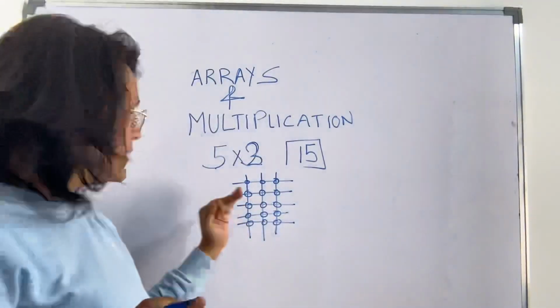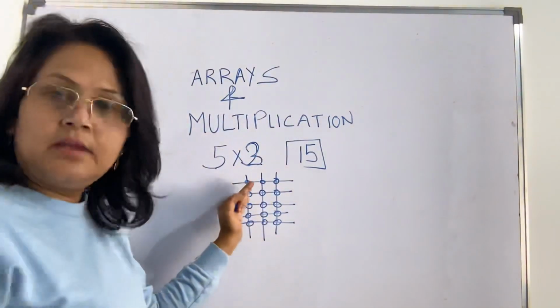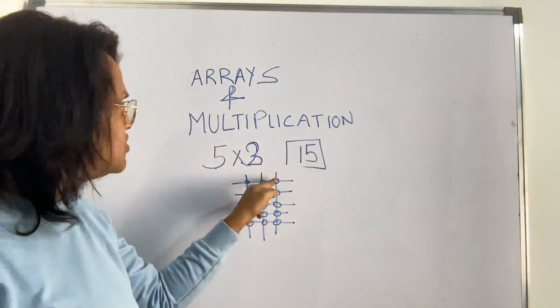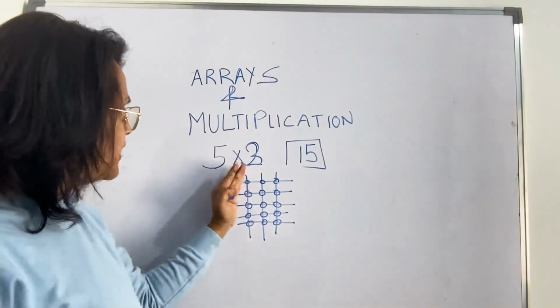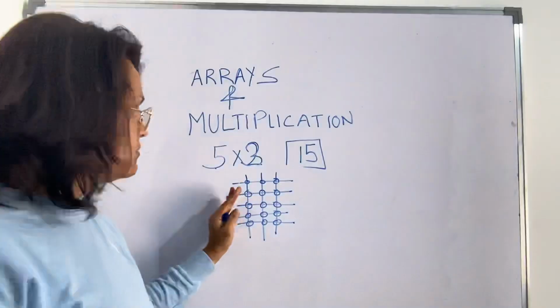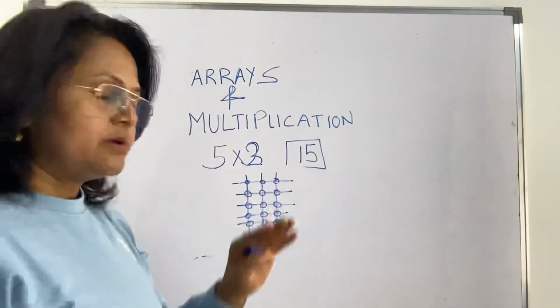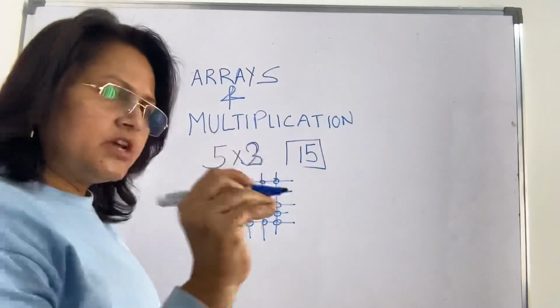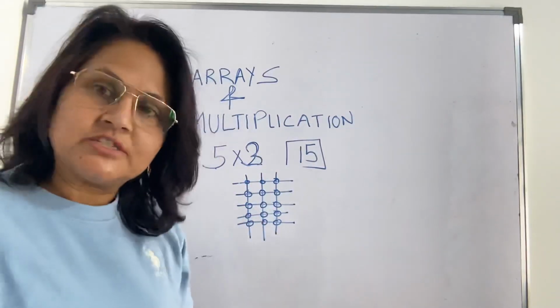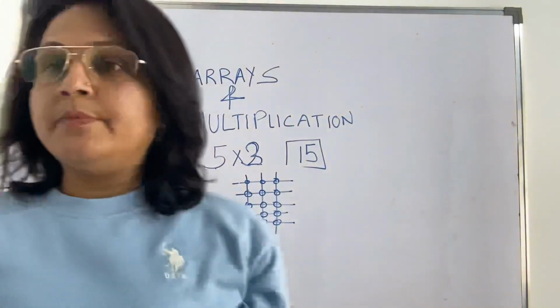But I feel this is a little long way of solving. Why not help the child understand how to move ahead with this concept? So this becomes very, very easy for the child to understand, and going forward it will become very easy for the child to make their own dots and go ahead with that concept. So hope the child will be able to understand this using this method.